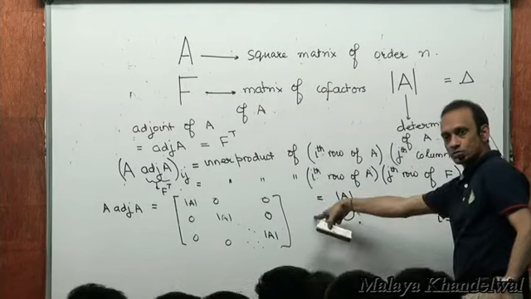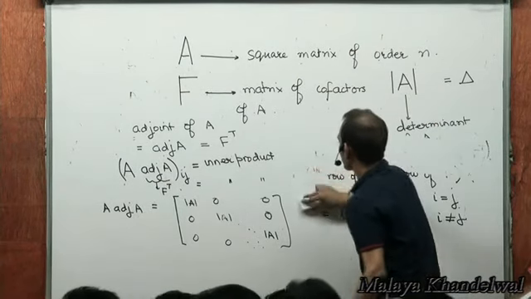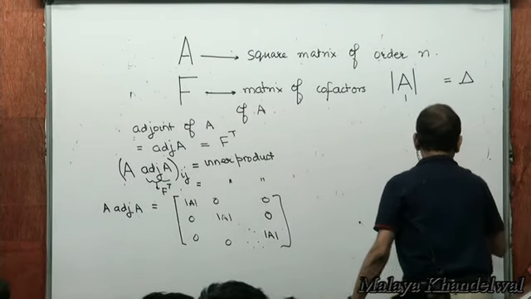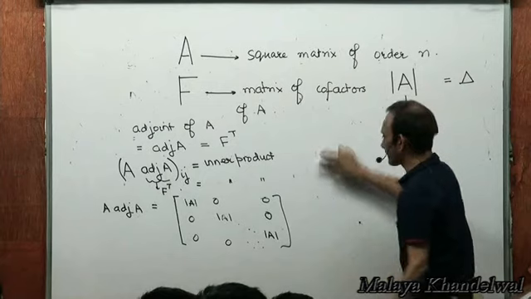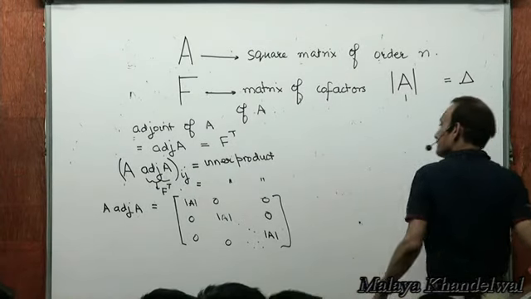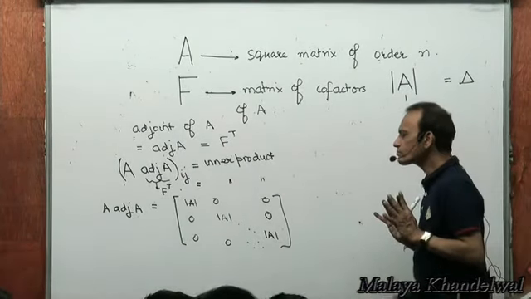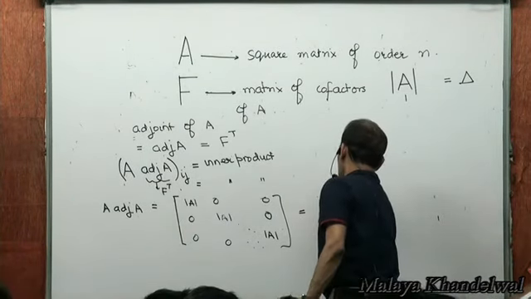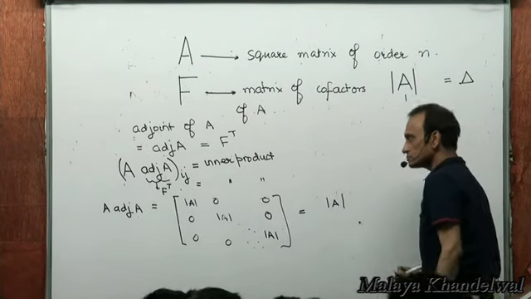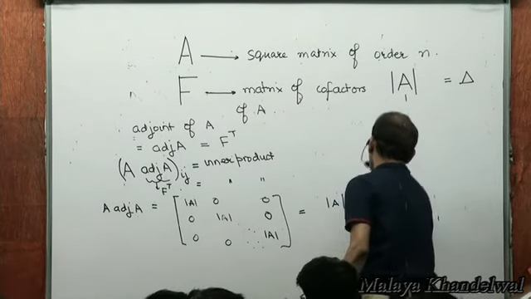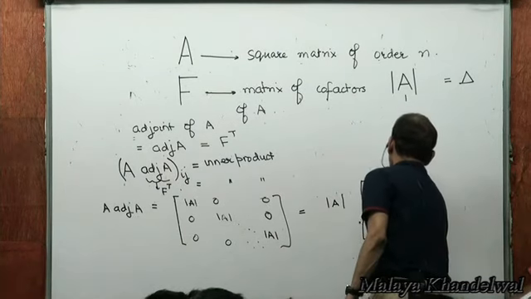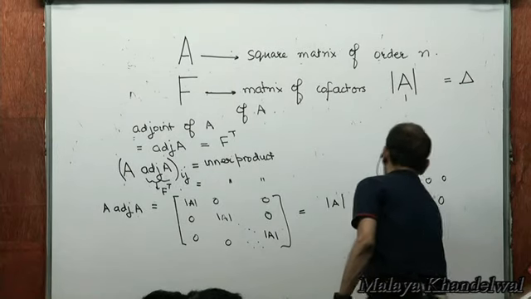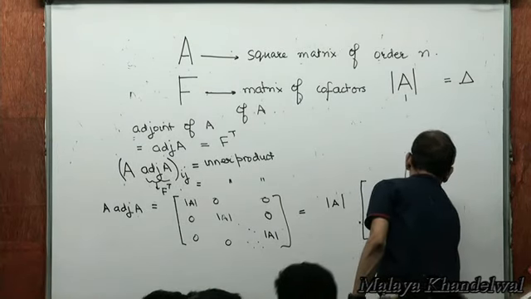Just this portion? This is like the scalar determinant A coming out, right, into this matrix with 1 1 1 on the diagonal and 0 elsewhere, isn't it?